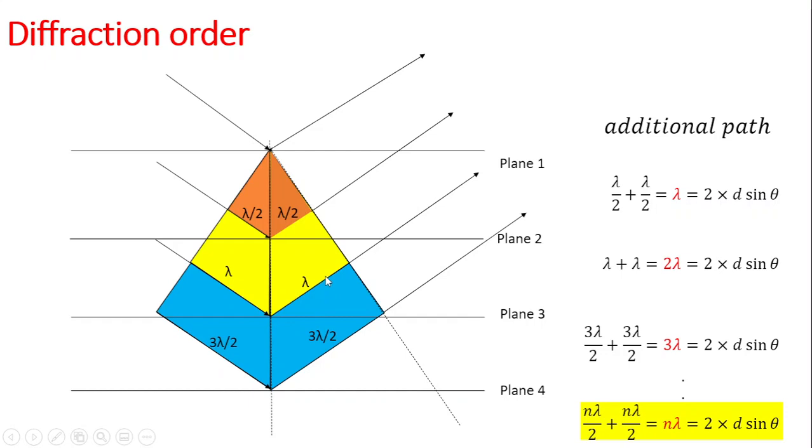But in this case, the light travels the additional path length of lambda plus lambda, or 2 lambda. Similarly, you can consider any two planes and calculate the path length, and eventually when you consider plane 1 and plane n plus 1, you'll figure out that the additional path length traveled is n lambda, which is equal to 2d sine theta. This is why it has been generalized, and this is how the n comes from.